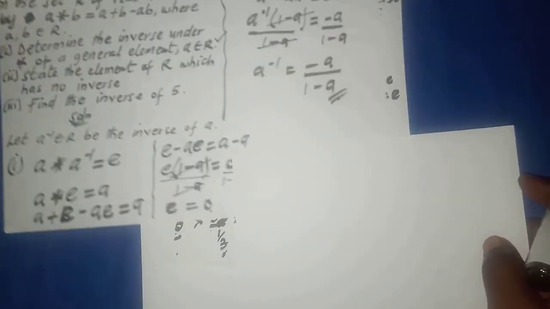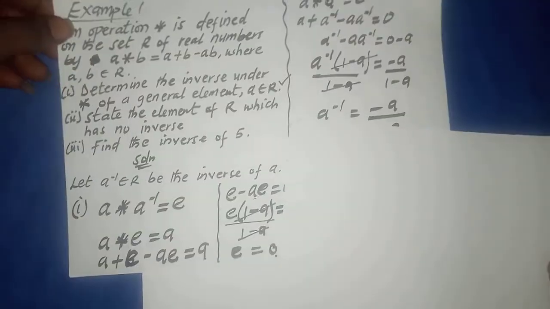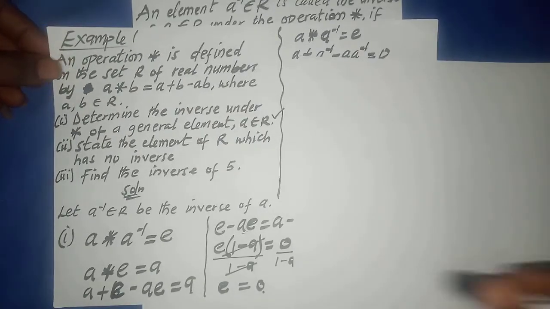Now for the II, it says that we should state the element of R which has no inverse.